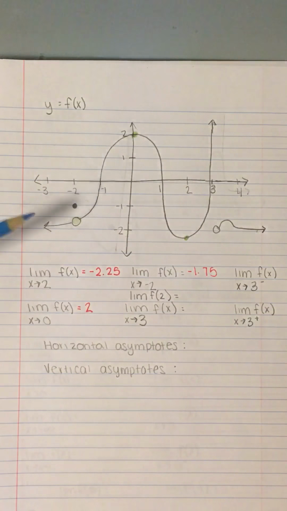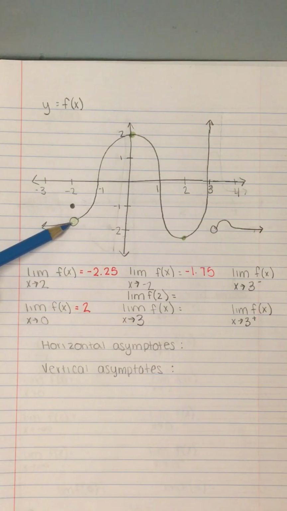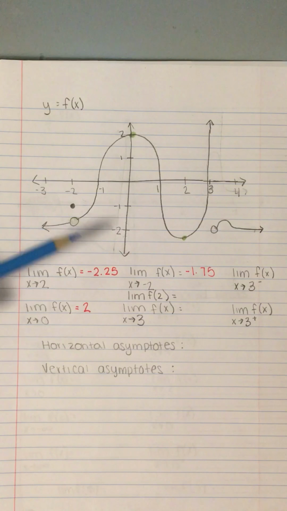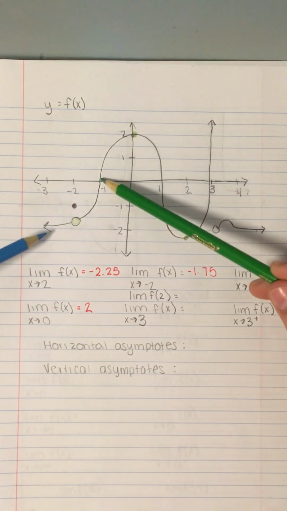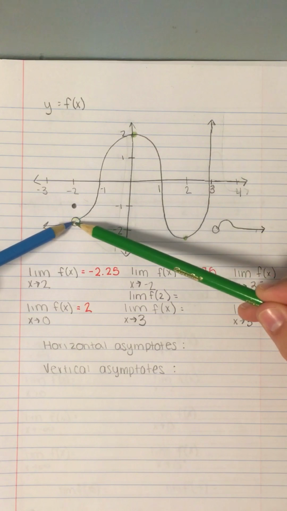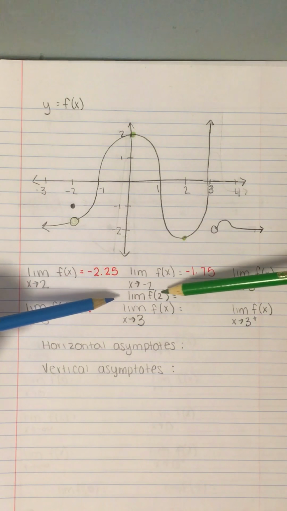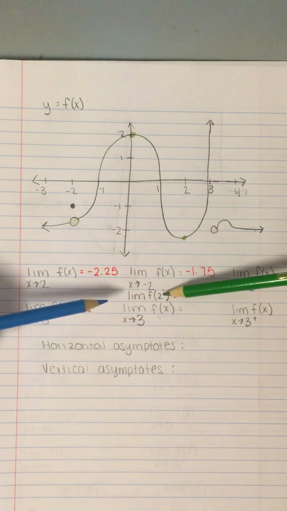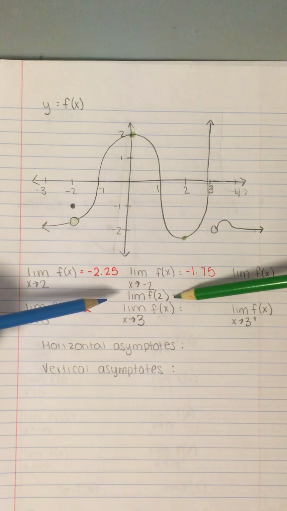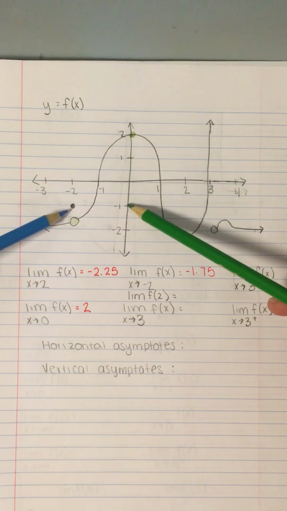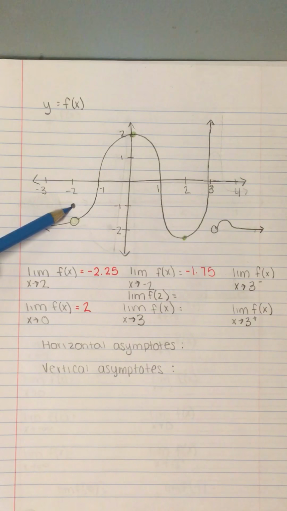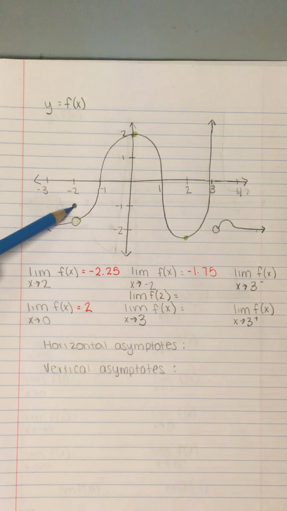However, as you see, there's a hole here. When there's a hole, the limit still exists as we have come together and our pencils have touched in the same area, but f of negative 2 would be negative 1. As you can see, there's a filled in hole right where my blue colored pencil is.